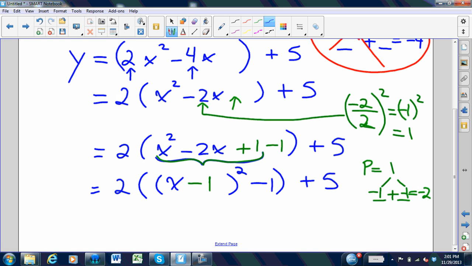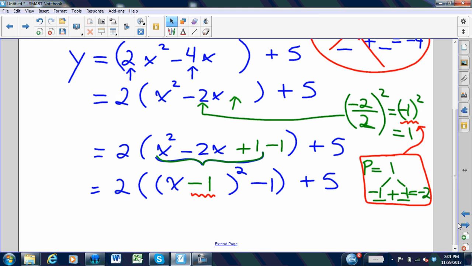Those two brackets that you would get from factoring the x squared minus 2x plus 1 are exactly the same. They're both x minus 1. So x minus 1 squared. What's interesting is that this number, negative 1, will always match the number that you got up here when you divided the negative 2 by 2. So it's a way of skipping having to do the product and sum here. We don't need the product and sum because we know that the answer is going to be the negative 1 that we had up here anyway.